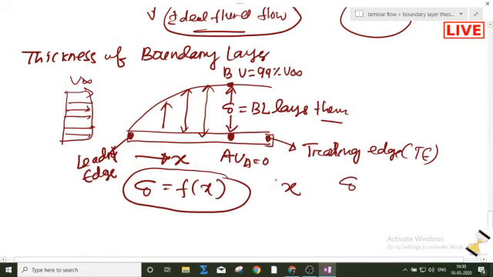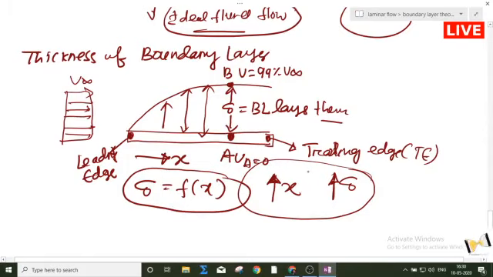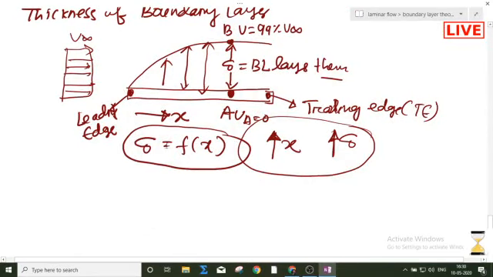If x is increasing, the boundary layer thickness also increases.